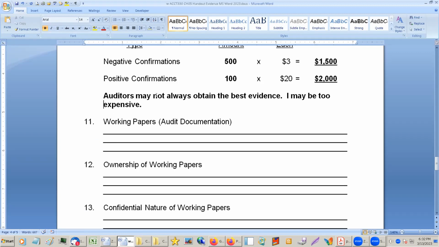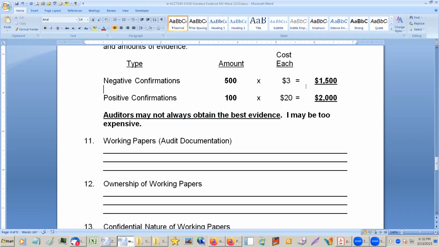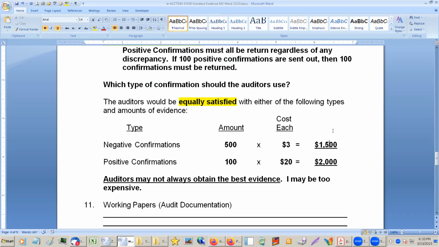So auditors may not always get the best evidence. And I know it sounds funny, but sometimes, if you're looking at this situation, if you're just as happy with 500 of the negative ones, the cost is less.